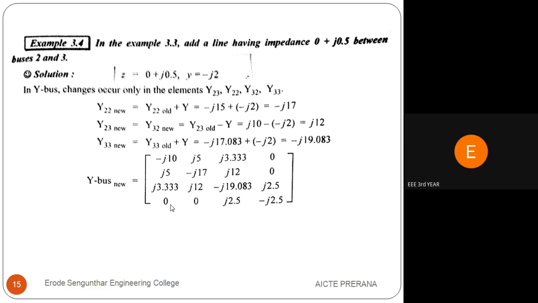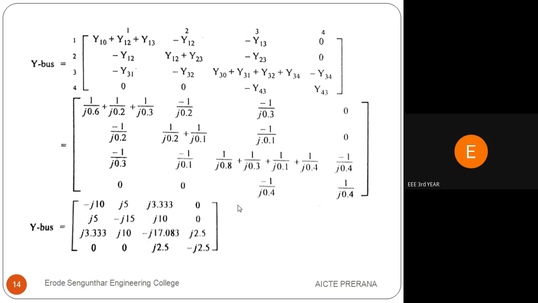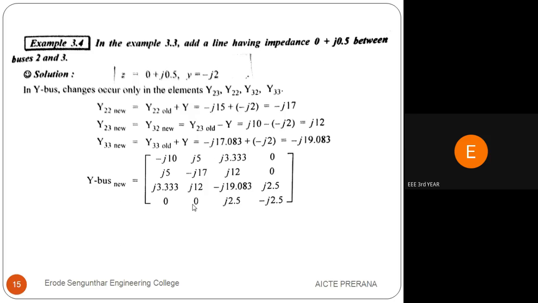So totally we have to change only four elements in that matrix, that is Y23, Y22, Y32, and Y33. So Y22 new is equal to Y22 old, that old value is taken from the matrix, added with the new element Y. Y22 is minus j15. That is, minus j15 is added with this value j0.5.